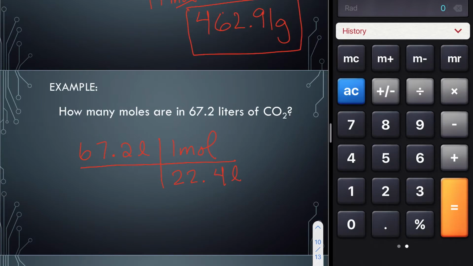The liters will need to cancel out, which is why I know to put liters on the bottom. In my calculator, I type 67.2 divided by 22.4. So I get an answer of 3 moles.